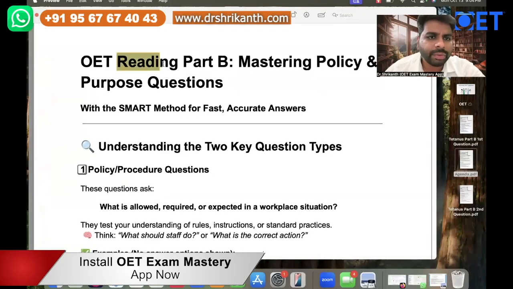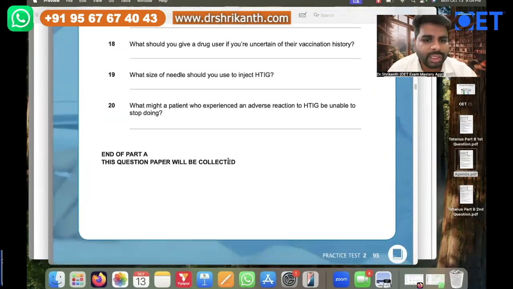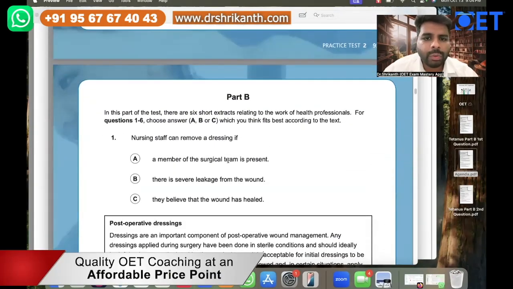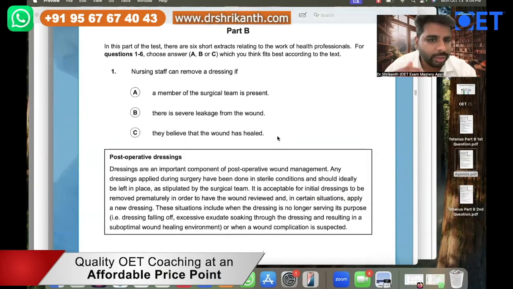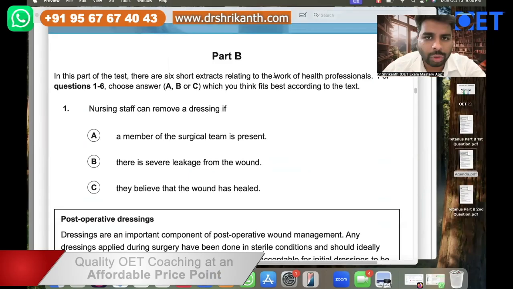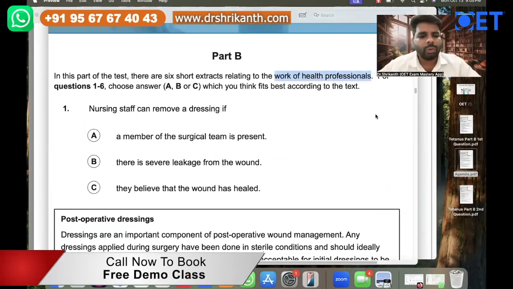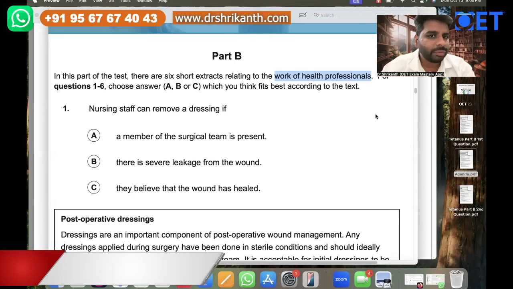So OET Reading Part B. Right. So first of all, let's understand what is OET Reading Part B. Now see, in Reading Part B, you will come across certain documents, right? These documents are workplace related documents. Now see, work of health professionals. So when you are working as a registered nurse, registered doctor, registered pharmacist in a hospital, you will be getting some documents from the hospital, right?